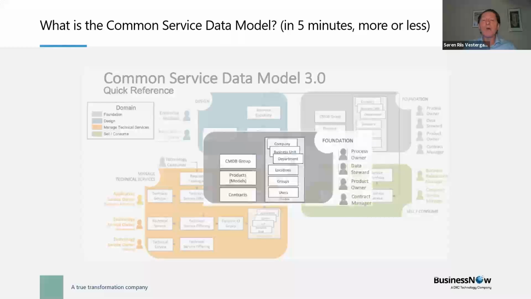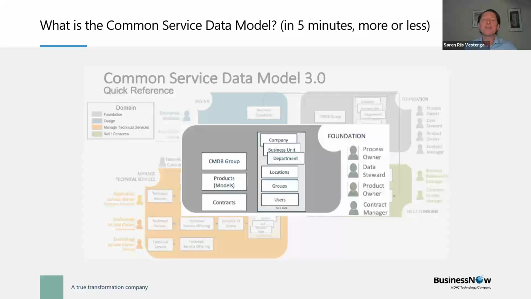So the final one, the foundation, is new in version 3.0, and we will dive into that a bit later. But this is about being in control with all the data and information which is referenced from the rest of the model.